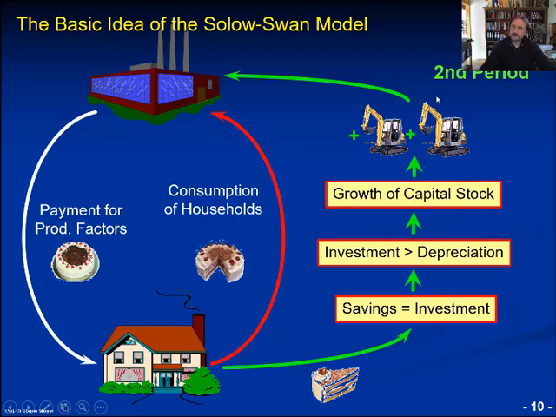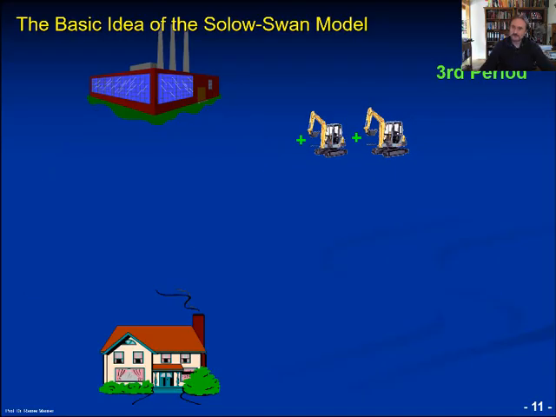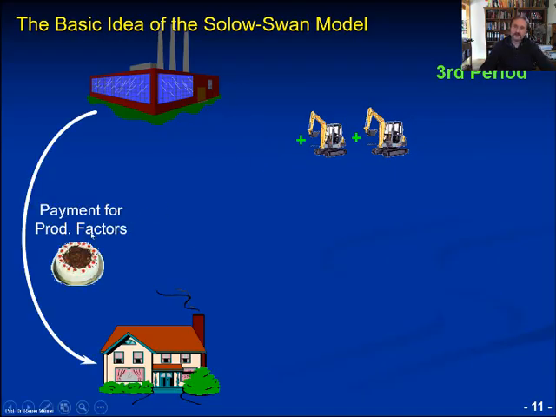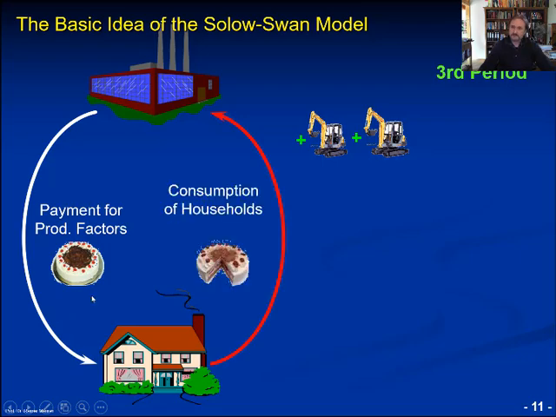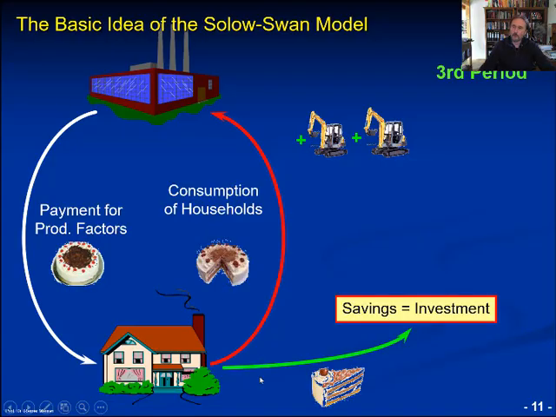Now, in transition to production period 3, the capital stock is once again larger. So the cake gets once again a little bit larger, GDP gets larger. Households decide once again how much of this larger GDP cake is used for consumption purposes and how much is offered on the capital market as savings supply.